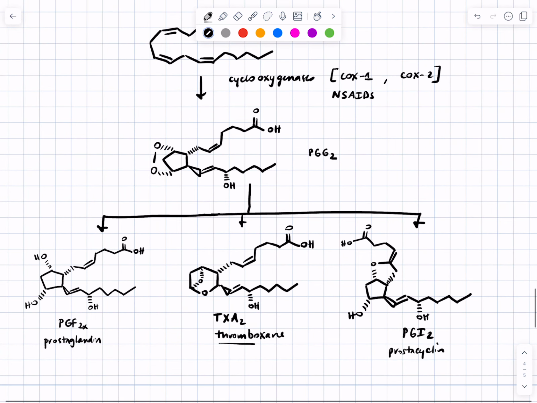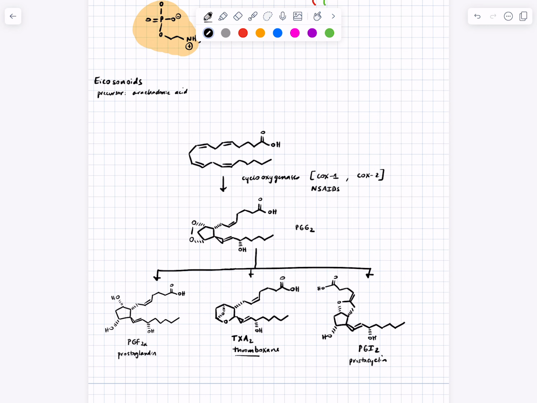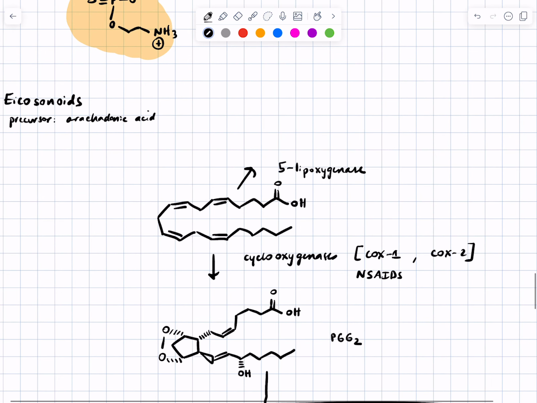One last thing to say in this category of eicosanoids while we're on the subject is there's another enzyme called 5-lipoxygenase, which converts the arachidonic acid into something else entirely, which I'm going to draw here. One double bond is still cis. Then you have these 3 double bonds that are now, one is cis but 2 are trans.